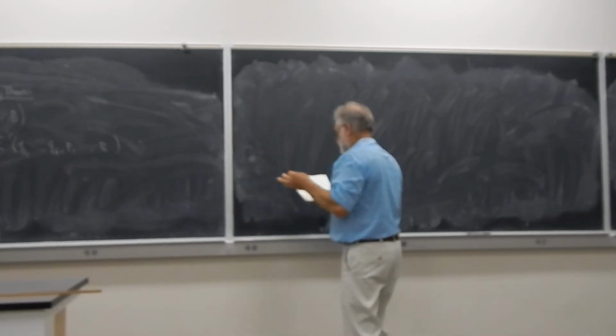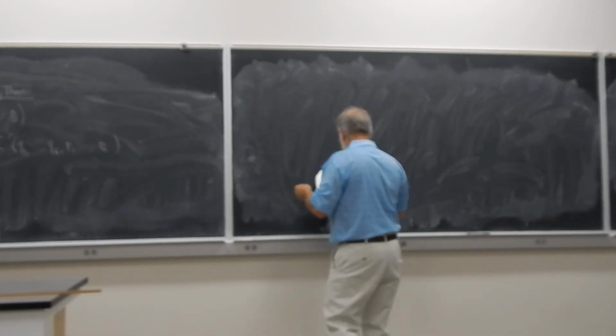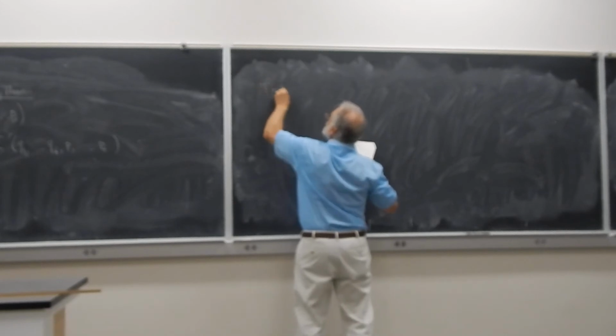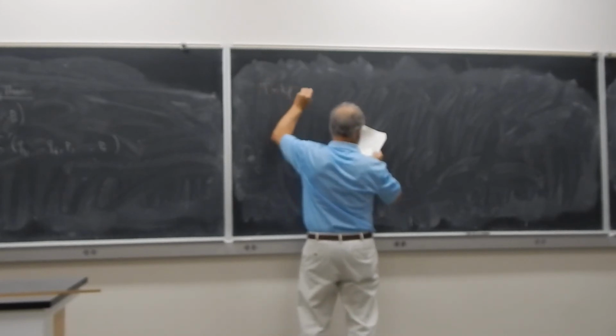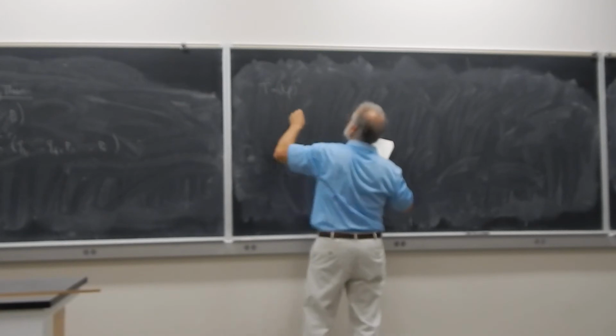Let's say that the system is in equilibrium at some temperature T, which is equal to k times beta all to the minus 1.